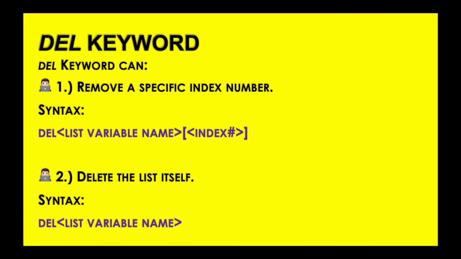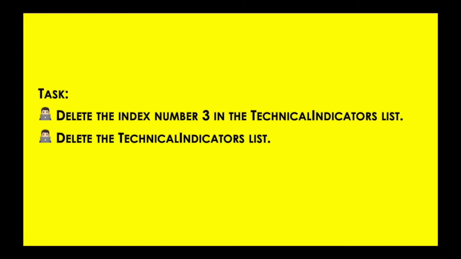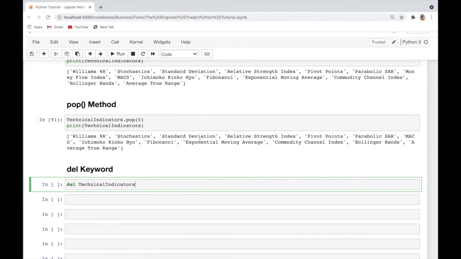After this, it says on our syntax that inside the square brackets we should have the index number, which in our task is index number 3.